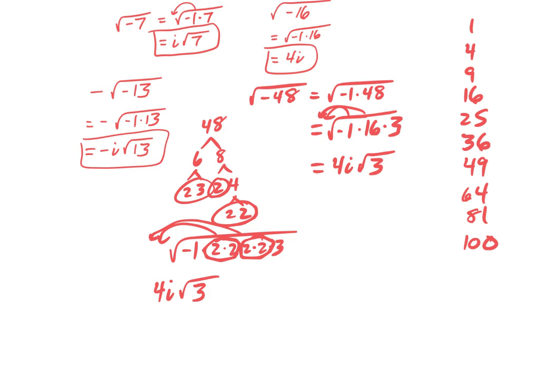Another thing that you're going to see, towards the end of your assignment today, are your powers of i. There are 4 powers of i that we have to remember the result of.